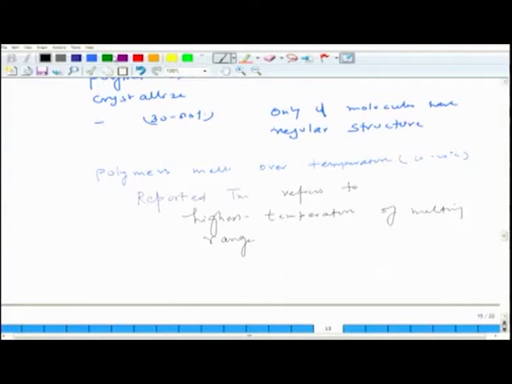The other important thing is that the melts of non-crystalline or crystallizable polymer, if you cool it, can take a glass structure at the glass temperature, which is called Tg.